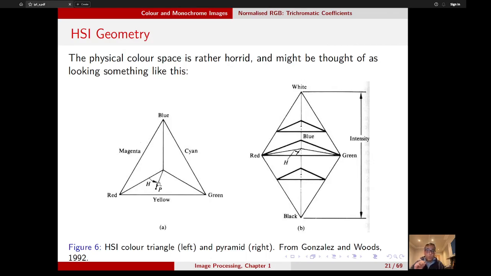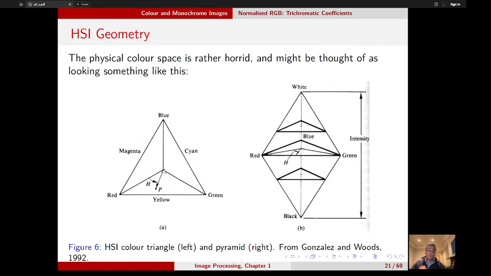The saturation, which is the other important measure here, is actually, so 1 minus saturation gives you the distance of this point, so the length of this vector here.